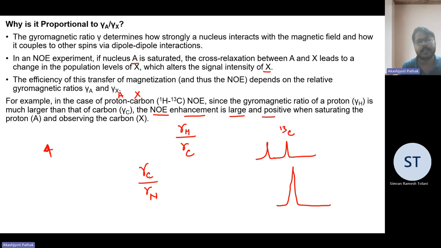So the gyromagnetic ratios of carbon and nitrogen do not vary much, and that's why there won't be a very good enhancement in the signal because of the NOE experiment.